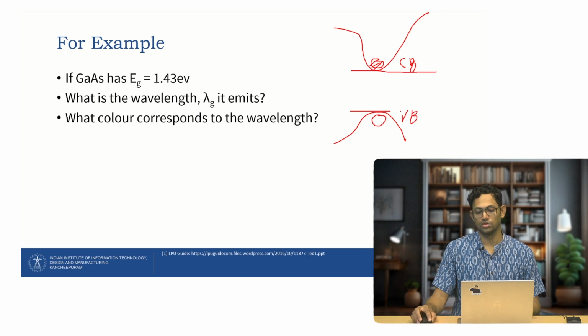This is your EC, this is your EV, so your EG is equal to EC minus EV.